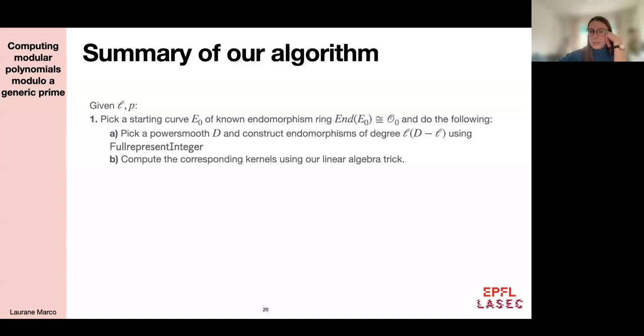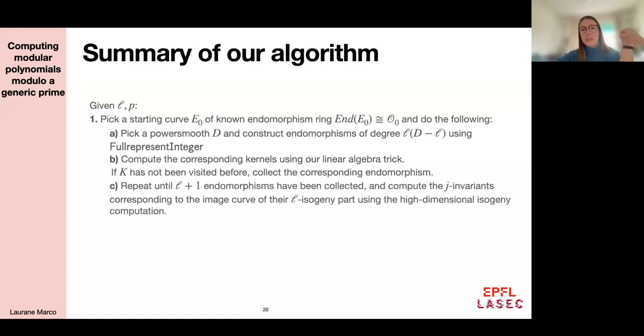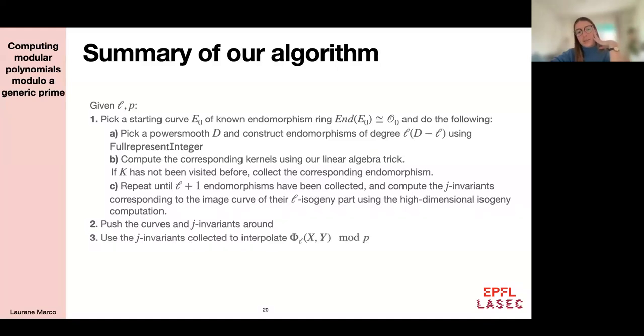You compute the kernels of the L isogenies using the linear algebra trick, and you collect the endomorphisms. You repeat until you have L plus one good endomorphisms. Then you compute the J invariant that corresponds to the image curve of the L isogeny using the QFESTA technique. Then you push all this information around, and you use all the J invariants that you've collected to interpolate your modular polynomial.